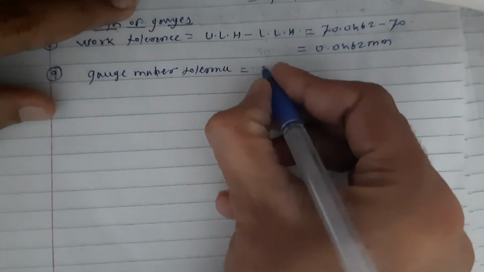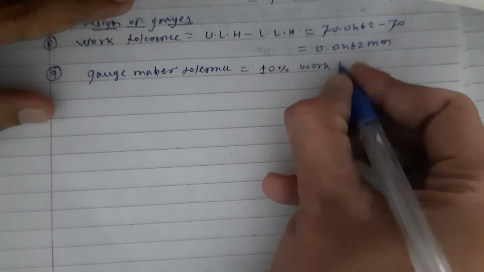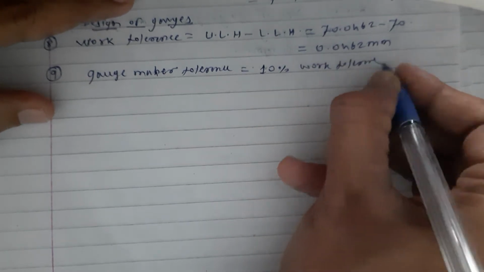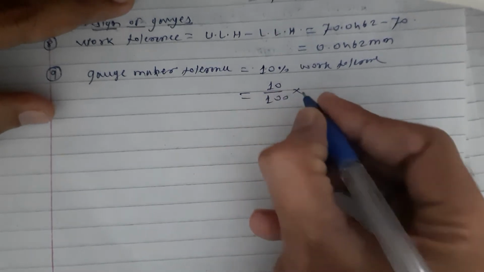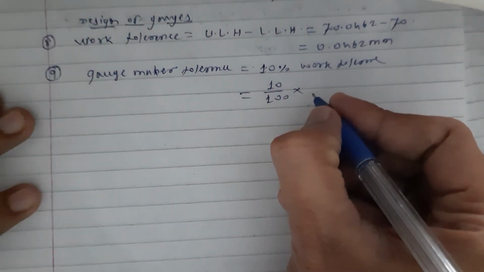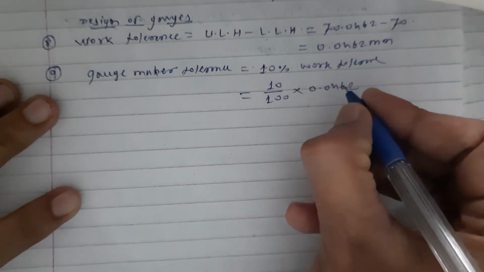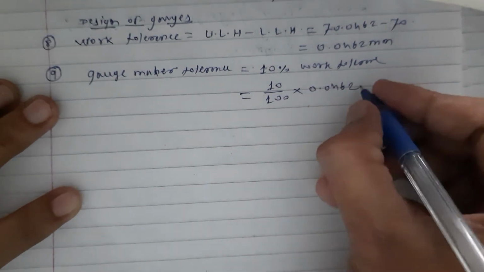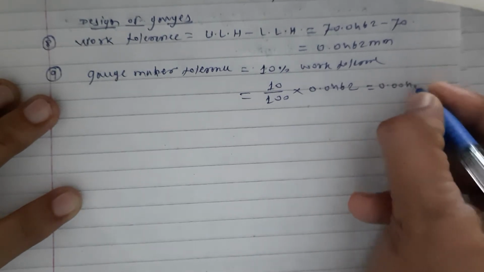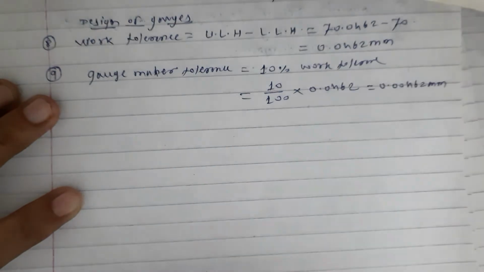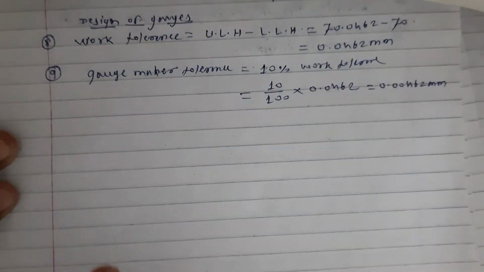Remember that. 10% means 10 divided by 100, into the work tolerance we have calculated, 0.0462. Then you will get 0.00462 mm as the gauge maker tolerance.